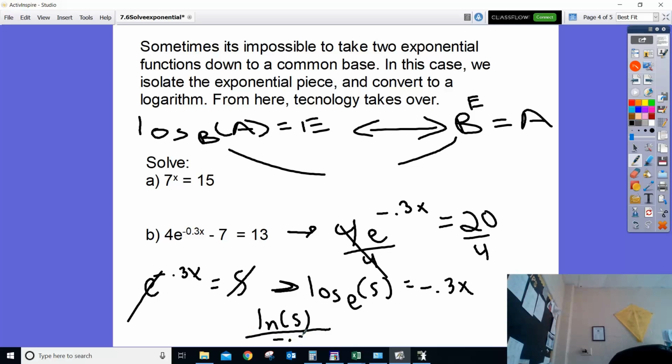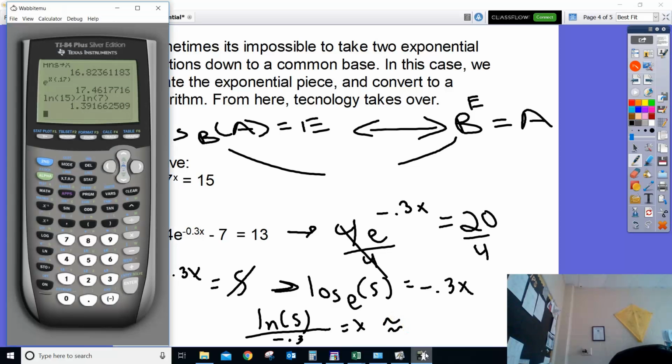I'll put it over negative 3/10. That's some x value. And then I go to a calculator, I type it in, and I round it. How many decimal places? 4. There is an ln key. That 7 gets rounded up to a what? 8, so negative 5.3648.